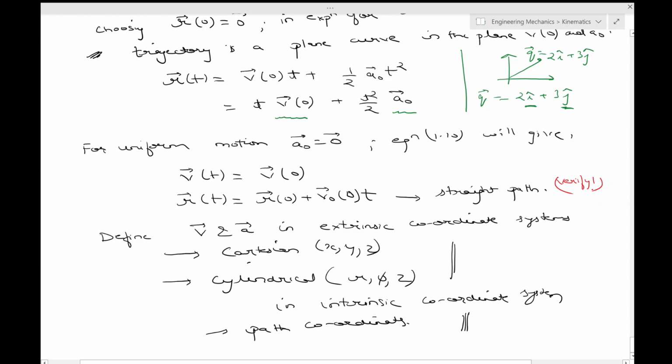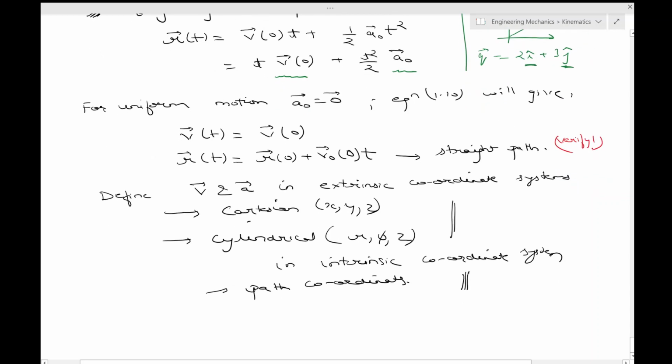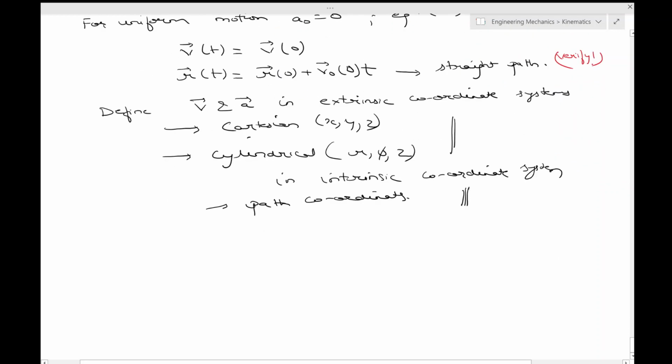Both have their value in mechanics based on the situation, hence we'll be learning both of them. So let's start with the kinematics of a point in Cartesian coordinates.